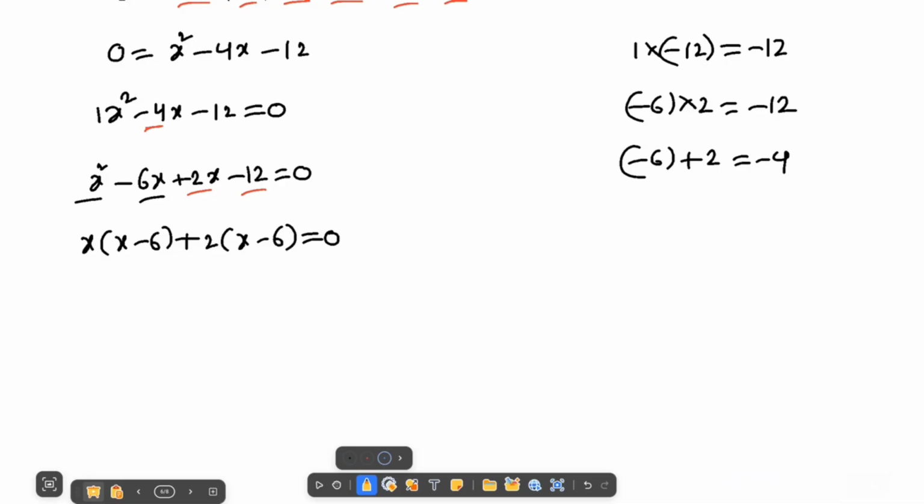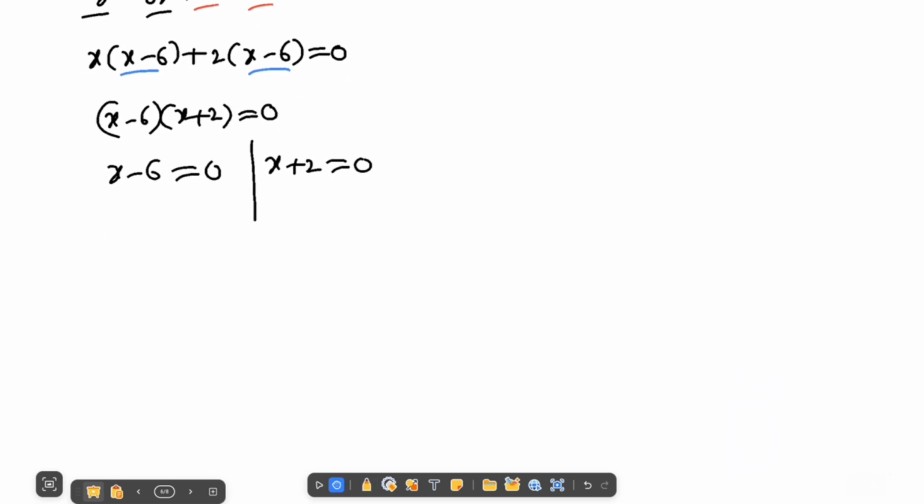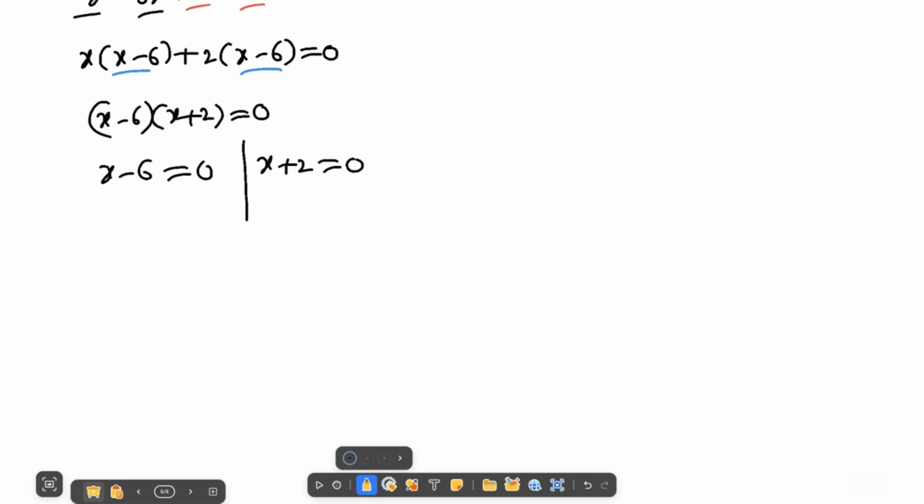Again, if we take x minus 6 common, now we will have x minus 6 times x plus 2 equal to 0. So we can write x minus 6 is equal to 0, or x plus 2 is equal to 0. If you send minus 6 to the right side, x is equal to plus 6, and if you send plus 2 to the right side, x is equal to minus 2.